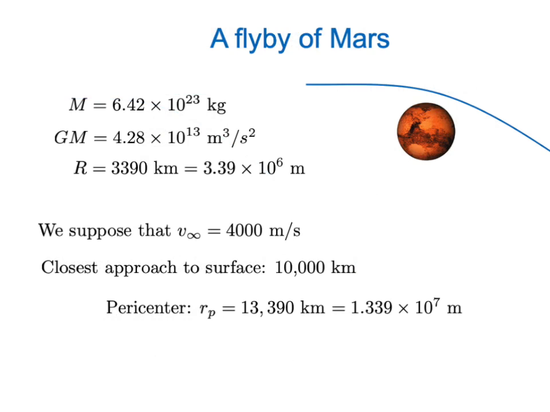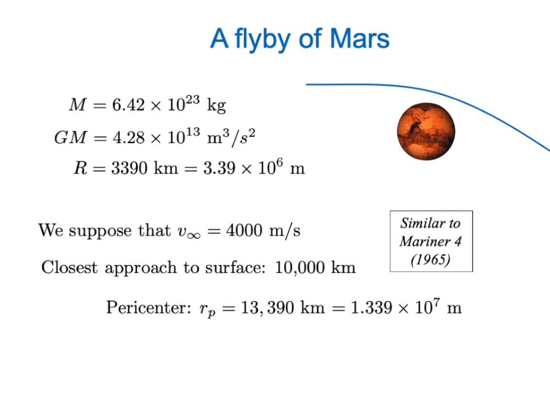Let's suppose we're sending a spacecraft on a flyby trajectory past the planet Mars. Now, the planet Mars has a mass about 1/10 the mass of the Earth, and so GM is about 4 times 10 to the 13th in MKS units. The radius of Mars is about 3,390 kilometers, a little over half of the radius of the Earth. We'll suppose that the asymptotic speed, the speed with which we approach Mars from a very great distance, is 4,000 meters per second.